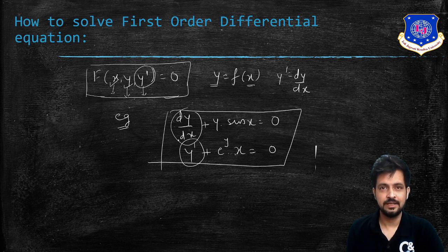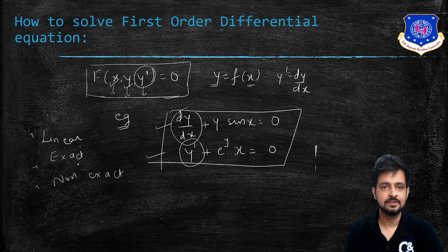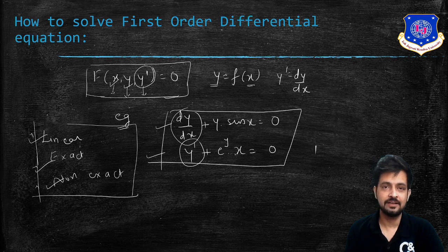See, in maths 1 and 2, you have already studied how to solve these types of equations. If you remember, there are basically three types of differential equation: linear, exact and non-exact. These are the conventional methods. Conventional method in the sense, first of all you have to identify that the given differential equation is linear, then you have to apply the steps of the linear equation.